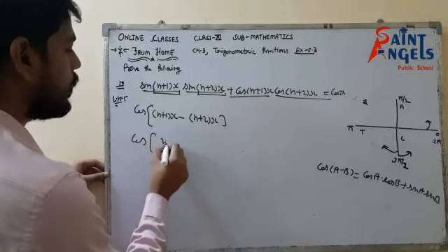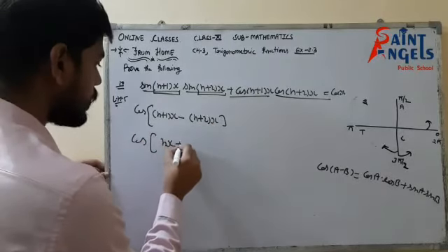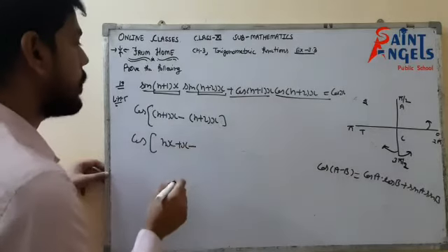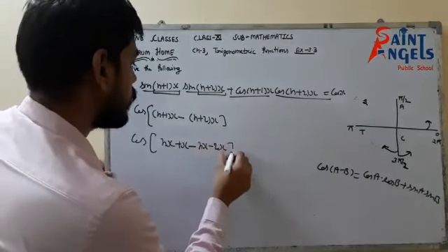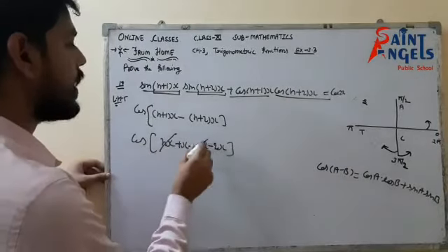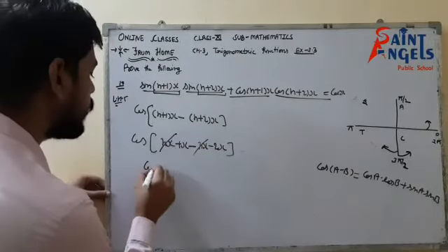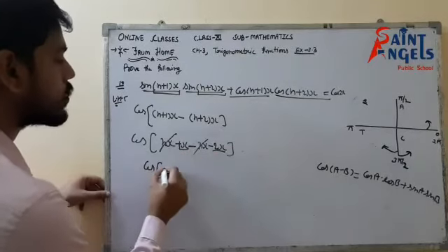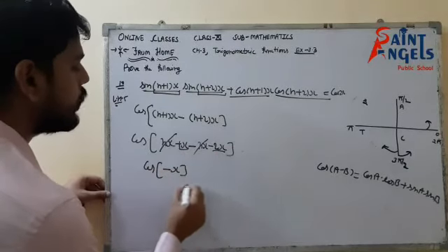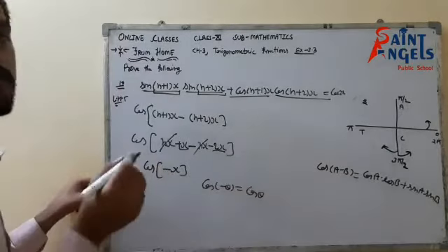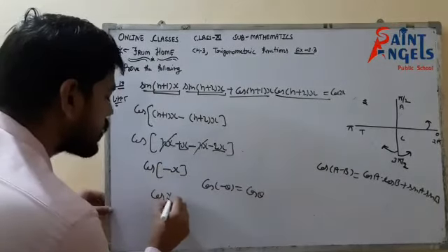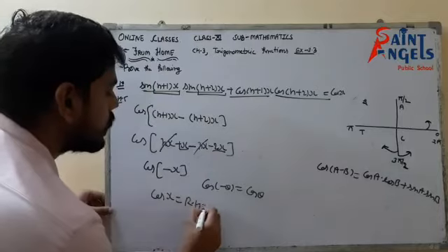Cos of nx plus x minus nx minus 2x. So nx and nx will be cancelled out, so that would be cos(minus 2x plus x), cos(minus x). And we all know that cos(minus theta) equals cos theta. So cos(minus x) equals cos x equals RHS.